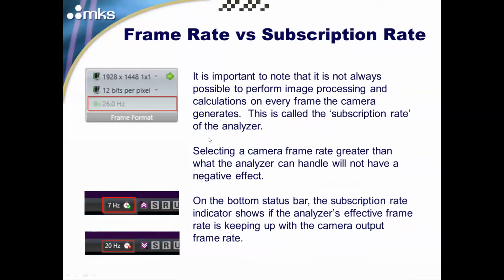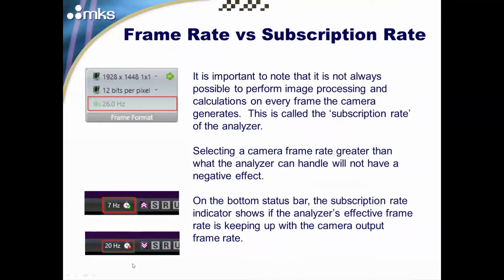But if that's what your application is intending, you're going to want to know how to tell if you're getting all of the frames or not. And that is this little stopwatch indicator next to the effective frame rate. If that's red, then you are missing some frames, and you might need to take some extra steps to be able to get all of the frames from the camera.